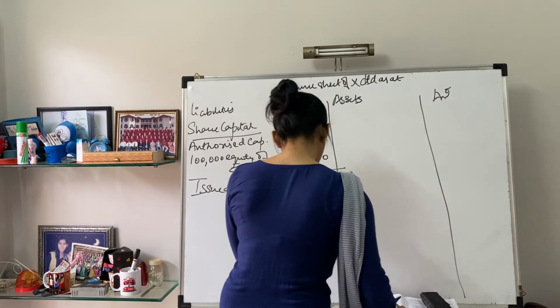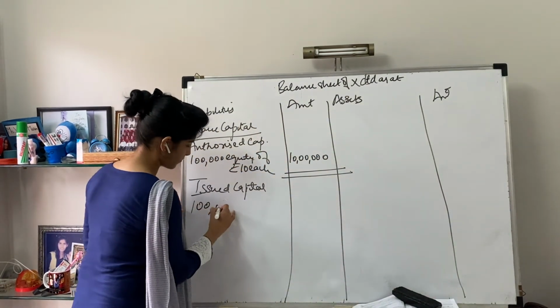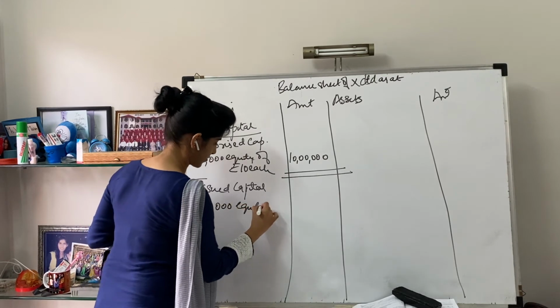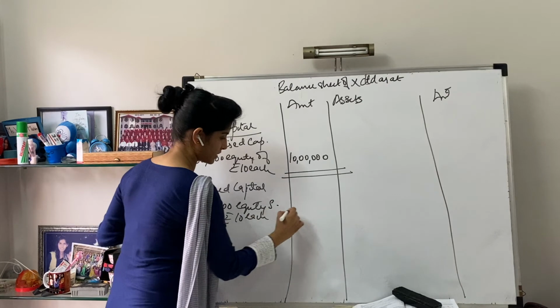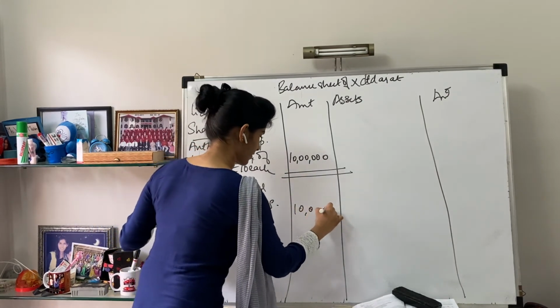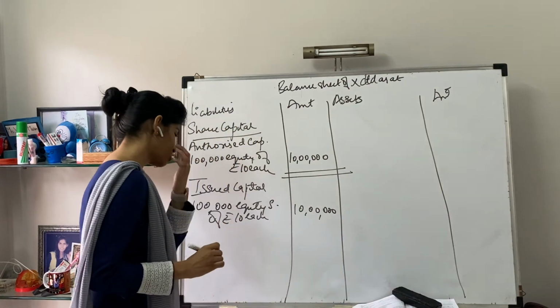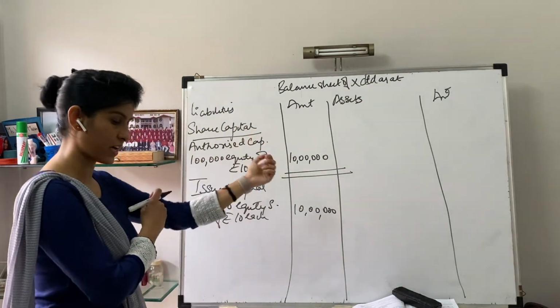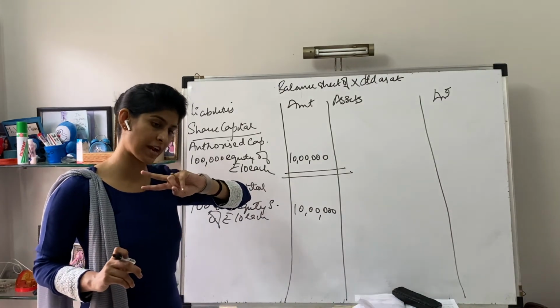Now coming to your issued capital, 1 lakh equity shares of rupees 10 each, same. That means your 10 lakh again. Because of the above, 50,000 shares have been allotted for consideration other than cash: 1 lakh was for goodwill, 4 lakh for land and building.